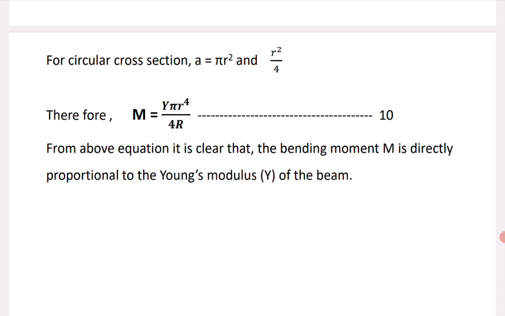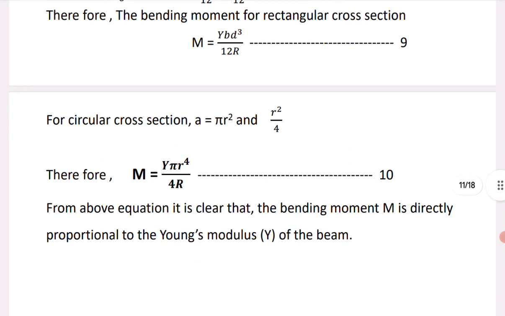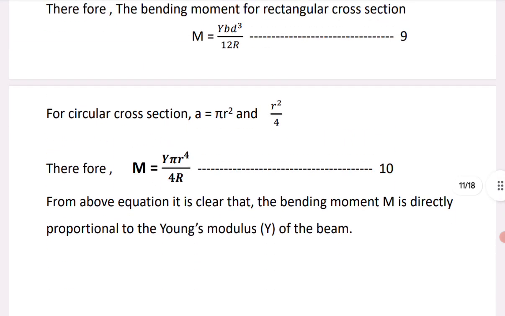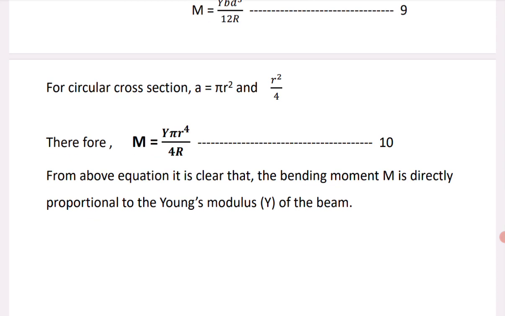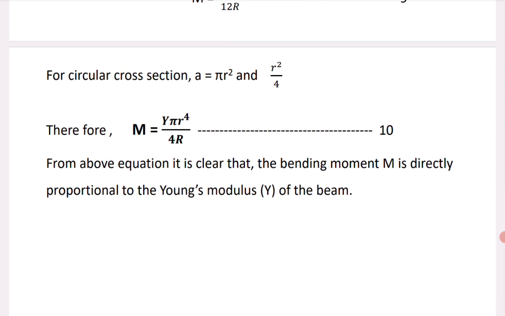From the above equation, it is clear that the bending moment is directly proportional to the Young's modulus of the beam. If you see equations 9 and 10, we conclude that the bending moment of the beam is directly proportional to the Young's modulus of the beam.